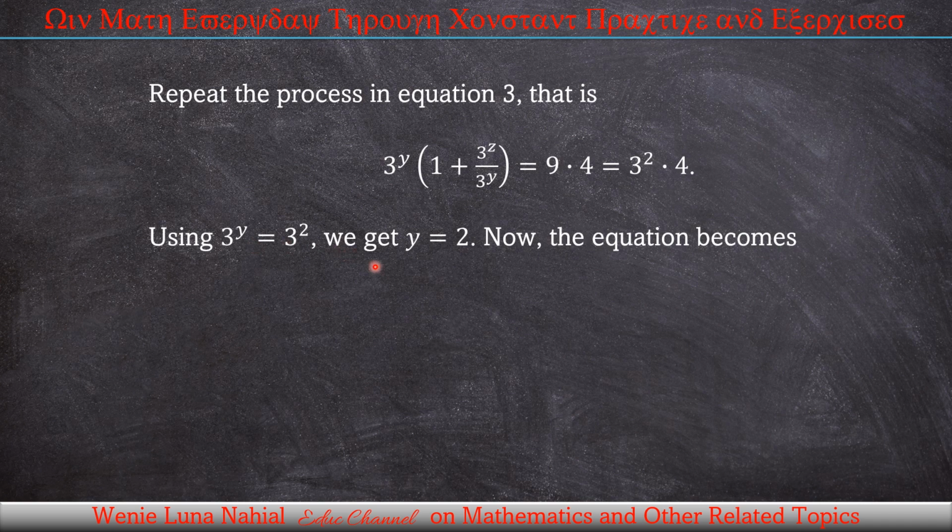So y equals 2. So we have this equation: 1 plus 3 raised to z over 9 equals 4. We have 9 here because we found that y is equal to 2, so 3 squared is equal to 9.